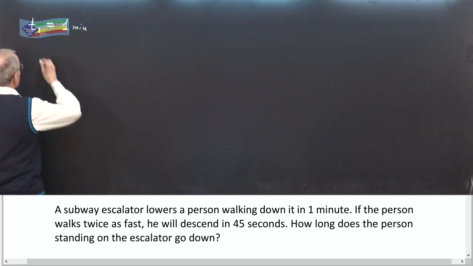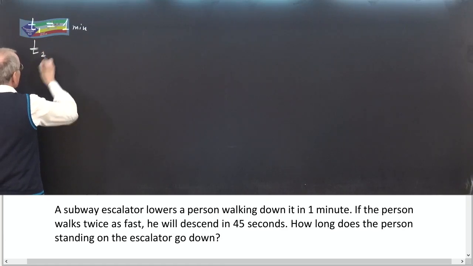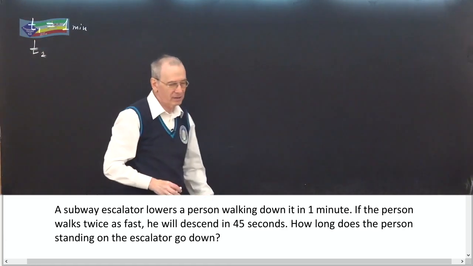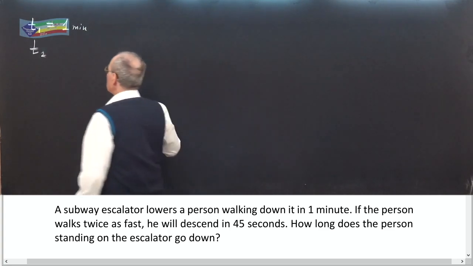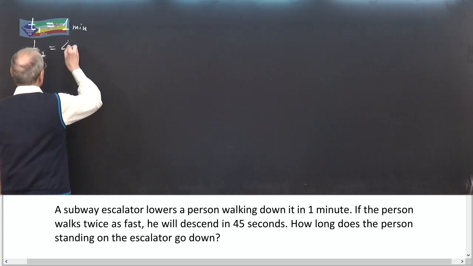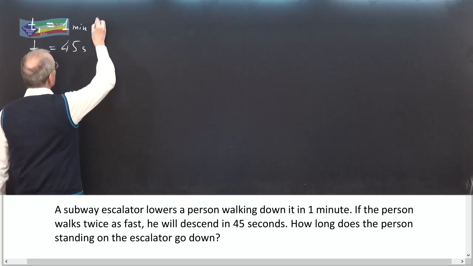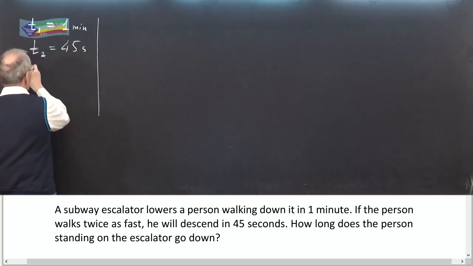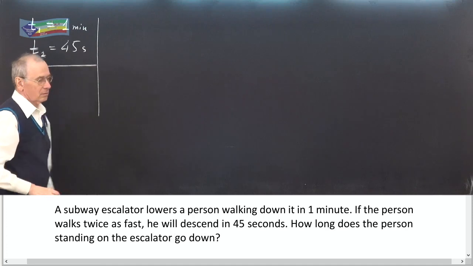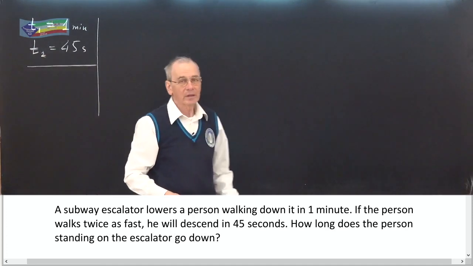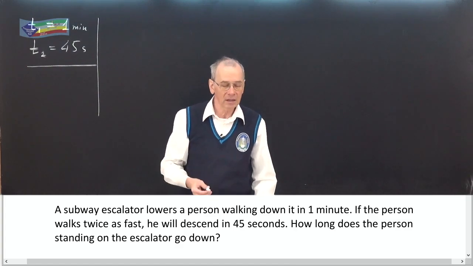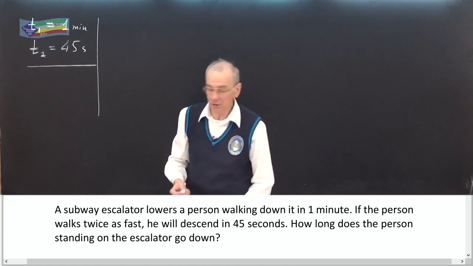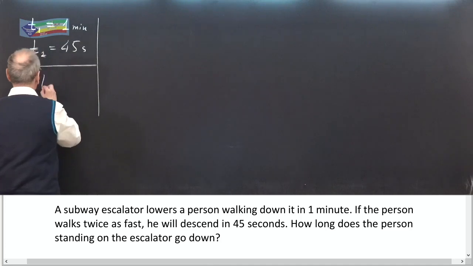If the person walks twice as fast, this time equals 45 seconds. We have to find the time when a person is idle, standing on the escalator: T0.